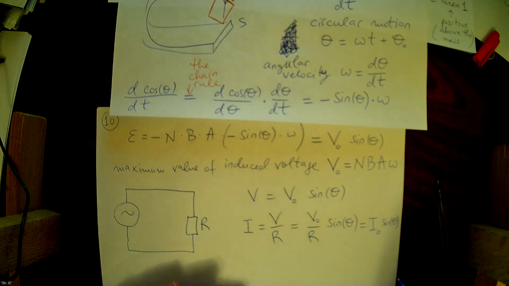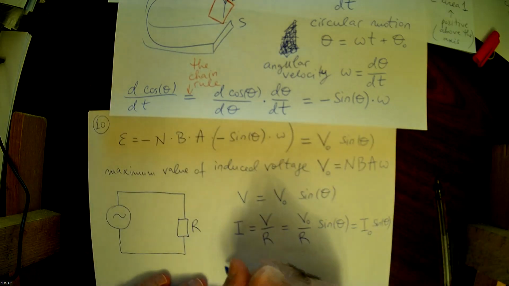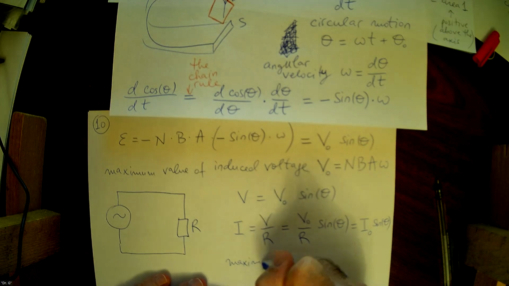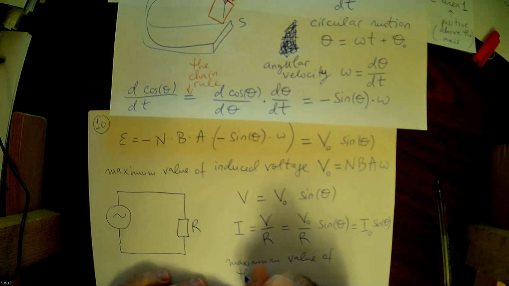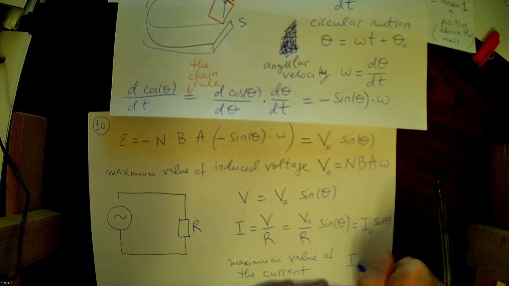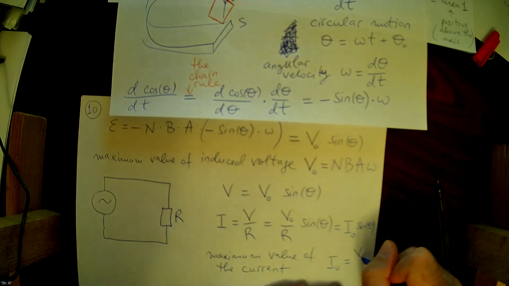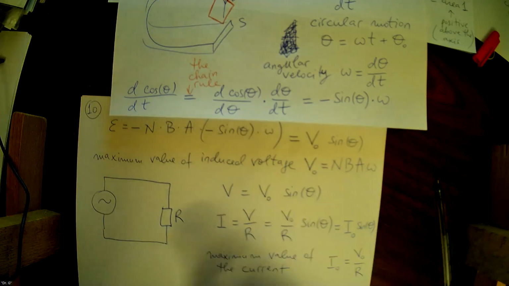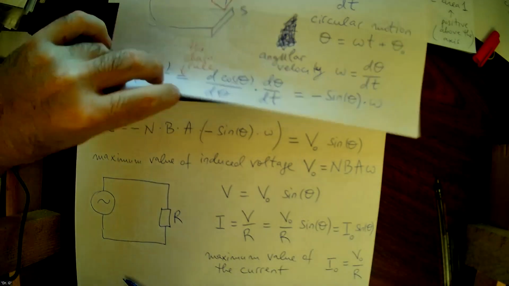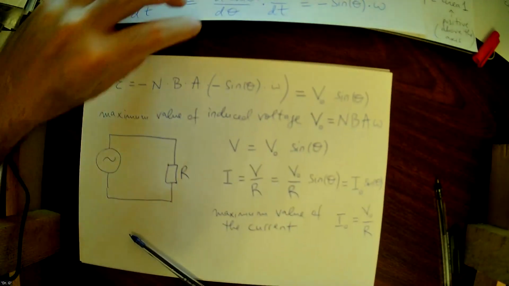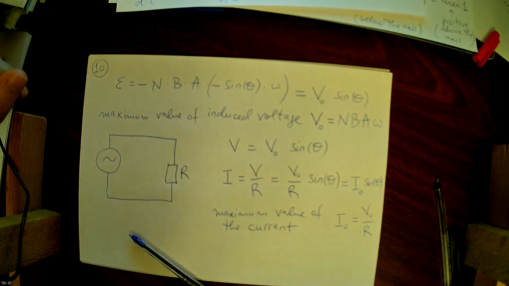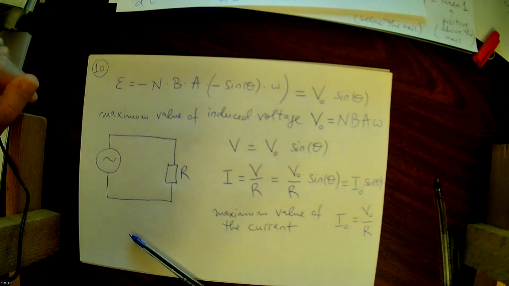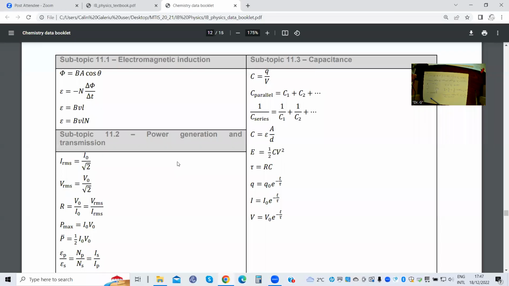The maximum value of the current I0 is by definition V0 over R. These are the I0 and V0 from the booklet.